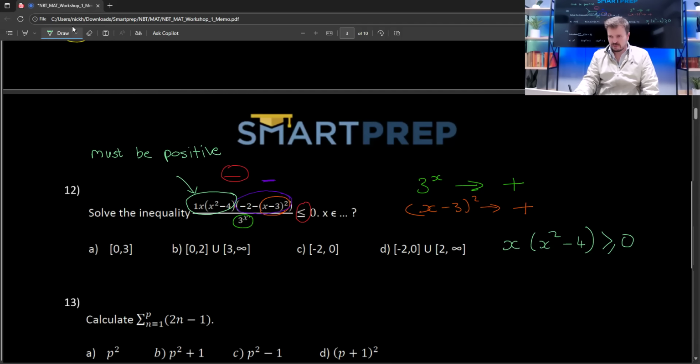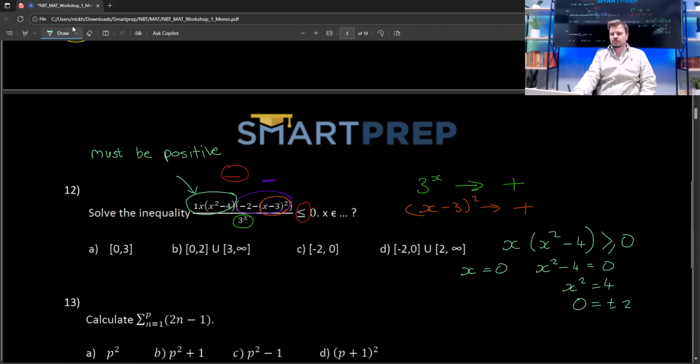So the first thing is x can equal 0. These are called critical values. x squared minus 4 can equal 0, right? And I'm not going to factorize, I'm going to do it the quicker way. I'm going to take the 4 across, square root both sides, and we get plus or minus 2.